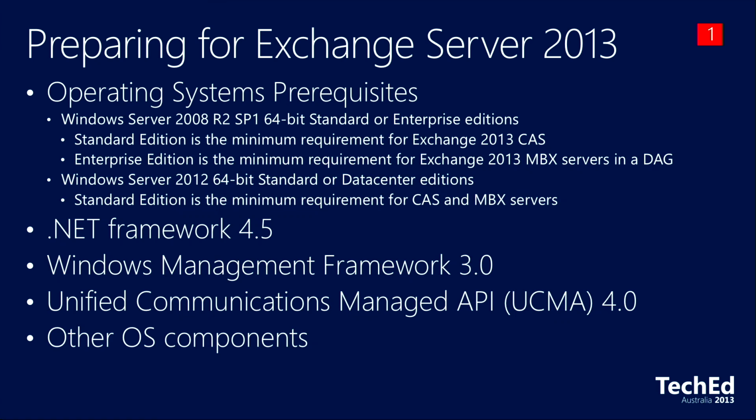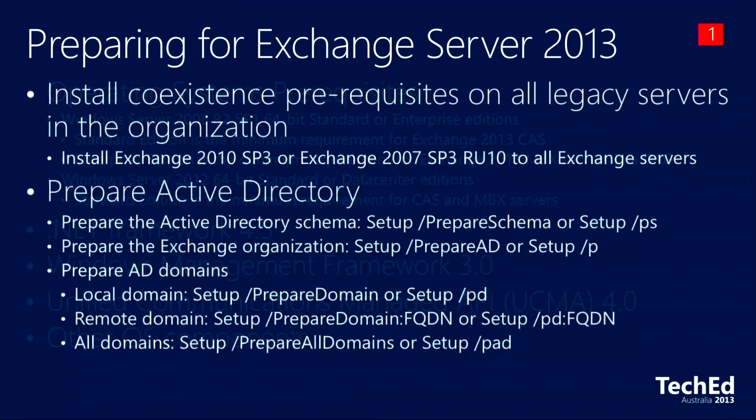But if you're on Windows Server 2012, everything in here but UCMA comes in the box, and it makes it so much easier, and it's such a time saver to do the deployment, particularly scripted deployments where you're used to having to install prerequisites, maybe silently and suppressing reboots and whatnot. Now you don't need to do all of that work. You can just have Exchange install the Windows prereqs that it needs out of the box.